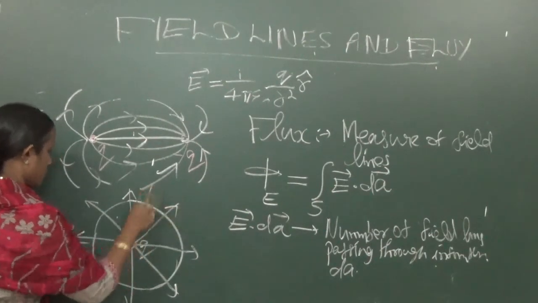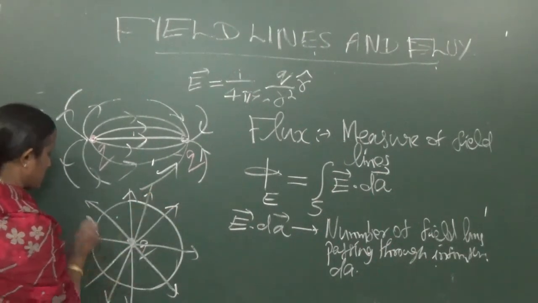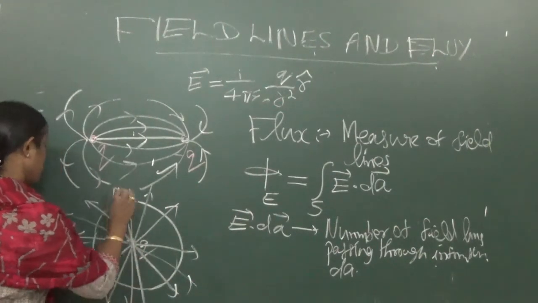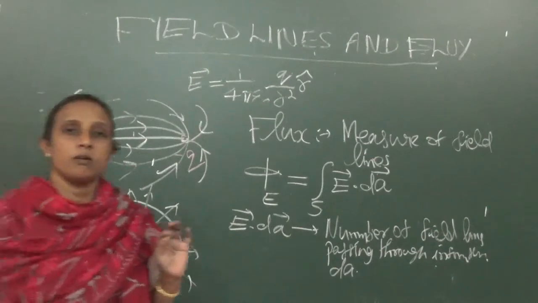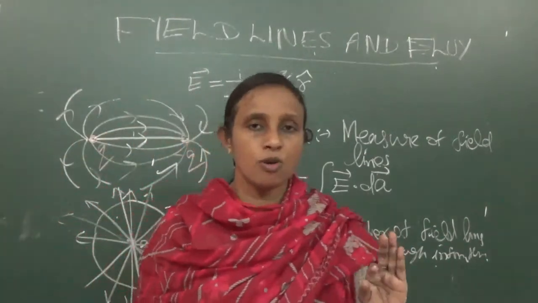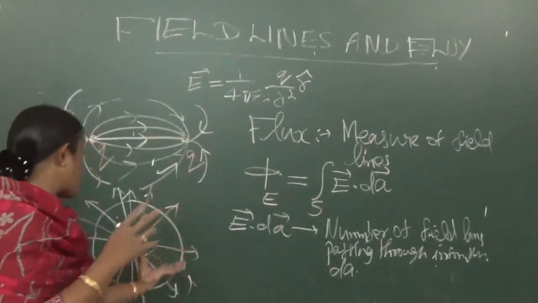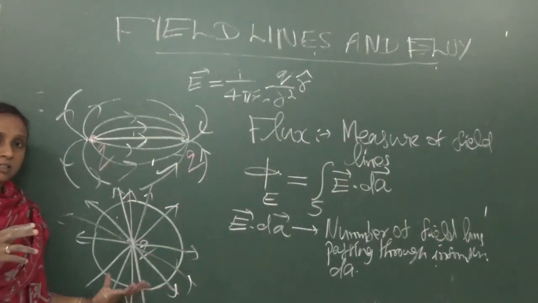Okay, there are so many field lines passing through like this. Now the number of field lines passing through this closed surface.